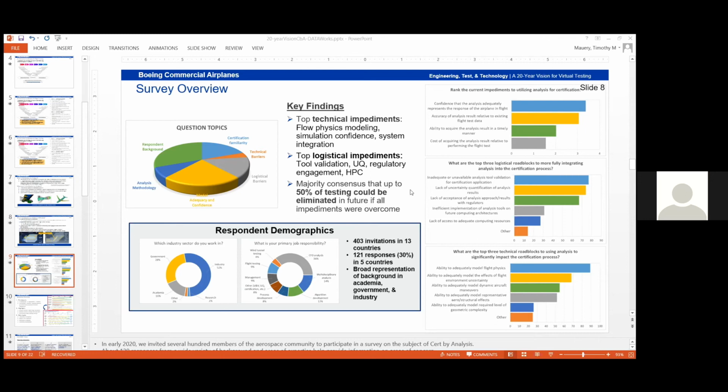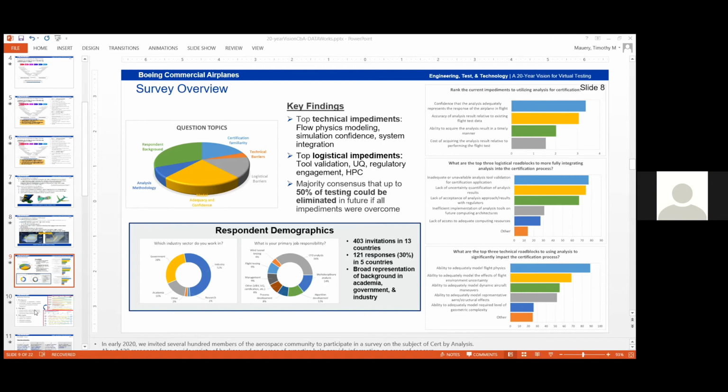We found that the top technical impediments were physics modeling, confidence, and then system integration. One optimistic note is that most people thought we could eliminate about half of the testing we have to do now if we could overcome all of the impediments we currently face.